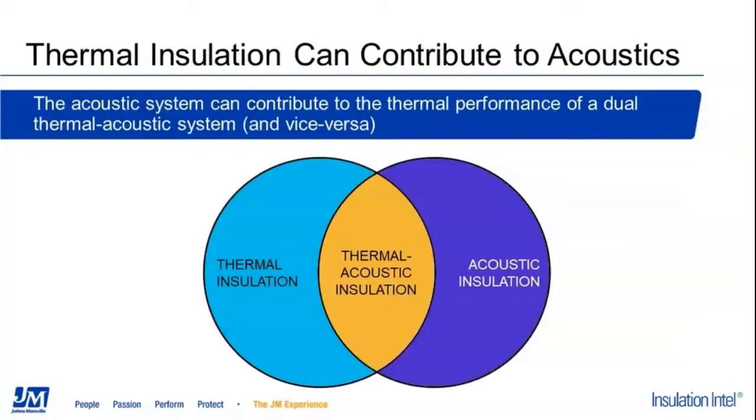So if you need 2 inches of thermal treatment and 4 inches of acoustic treatment, you don't necessarily need 6 inches of insulation. You may be able to use one to count toward the other and come up with a thinner overall system.